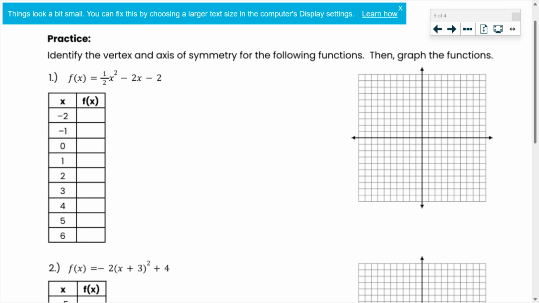So I look at this equation. We'll walk through this one a little slower. What form is this in? Standard or vertex? Standard form. So in standard form, the x-coordinate for the vertex is the opposite of b over 2a.